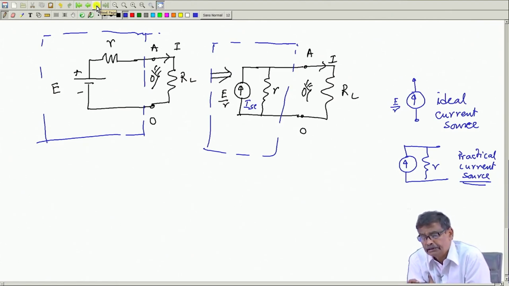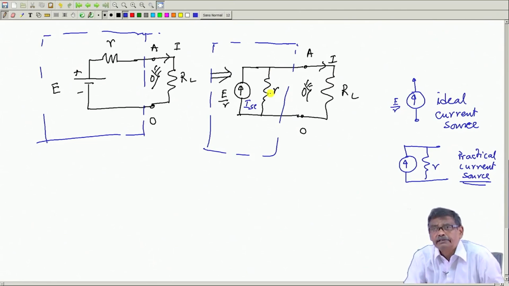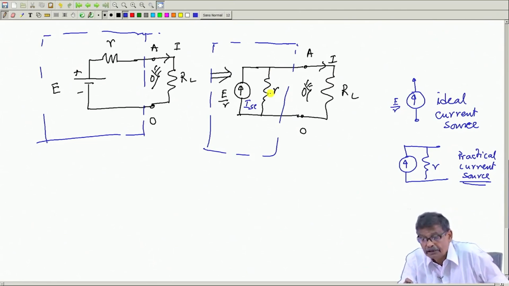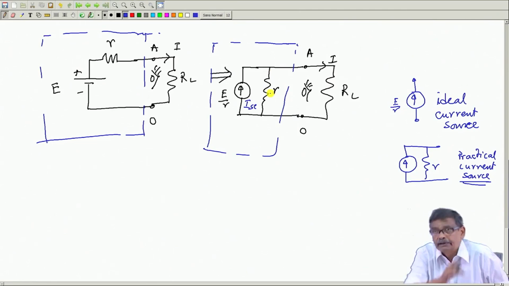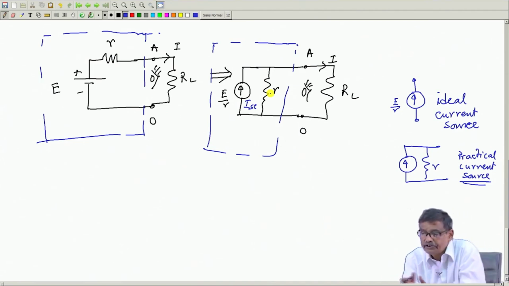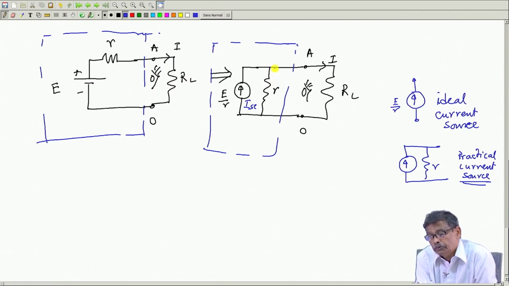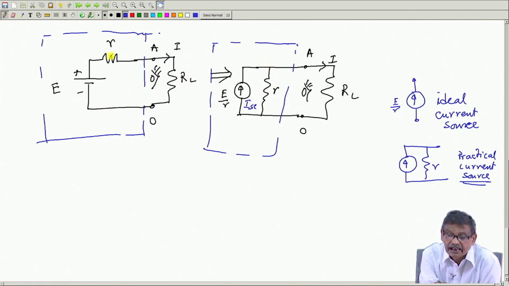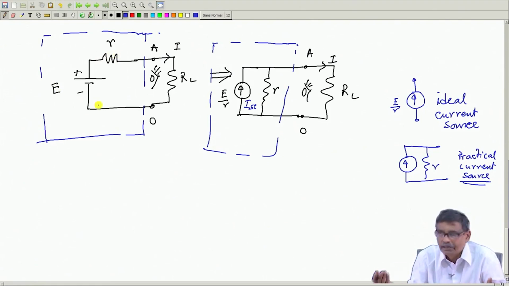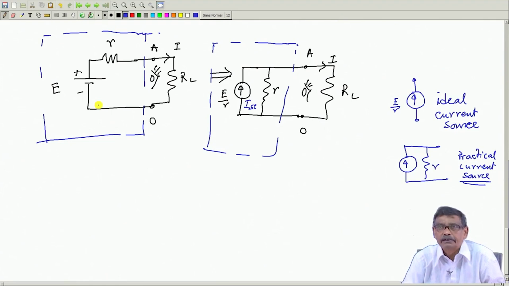I can interpret it in parallel with a small R resistance, and these are the two terminals AO of your battery. And to the external world, to the right side of this blue line, whether you consider this to be present or this E and R in series to be present, it does not make a difference. That is what I am trying to tell.